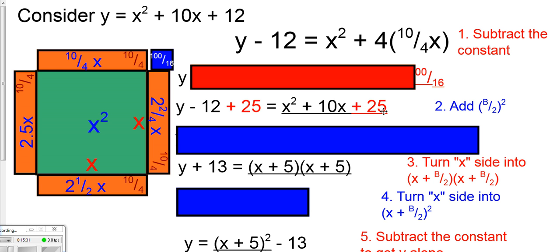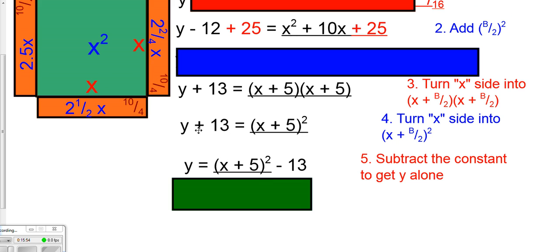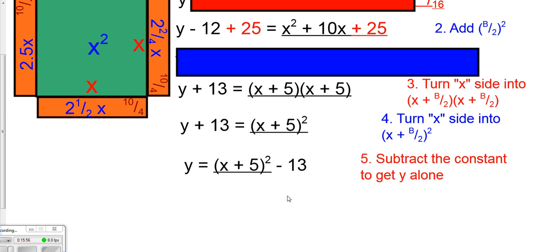This chunk, if you FOIL this out, will be the same. X squared, 5x, 25, right here. Simplify this side and get y plus 13. So first step, second step, third step, fourth step is to change these two into one that is squared, and then subtract the 13.